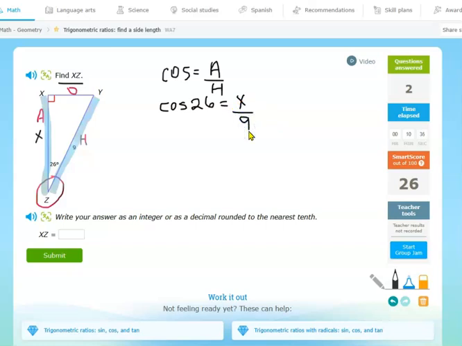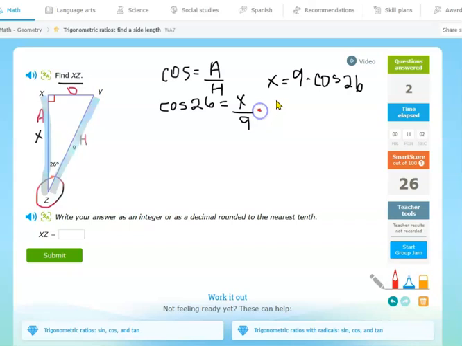Okay, and watch what happens here. This one is going to end up being x equals 9 times the cosine of 26, because our x is in the numerator. But let's show algebraically why this works. And this one, algebraically, I think is a little easier to see.